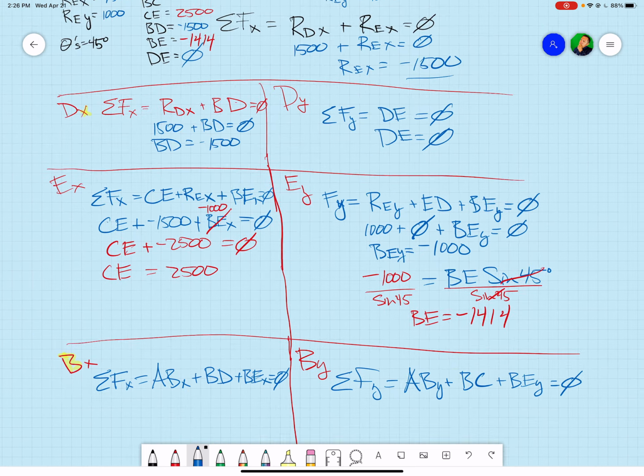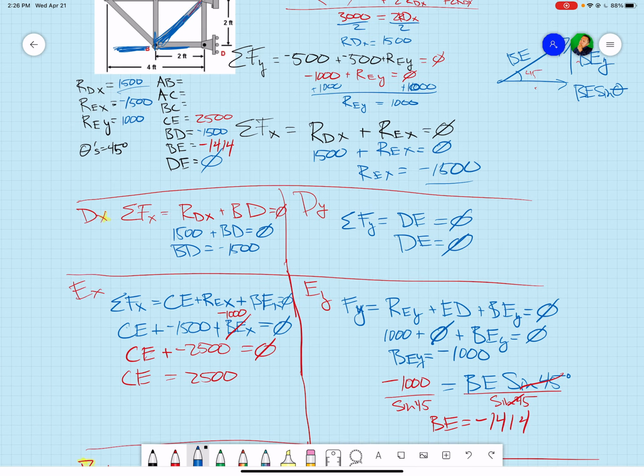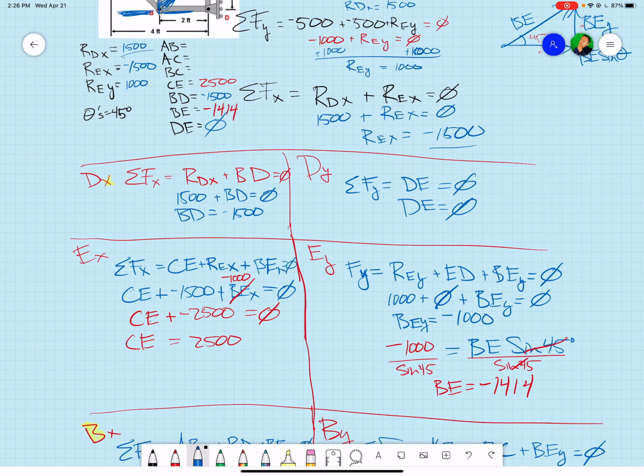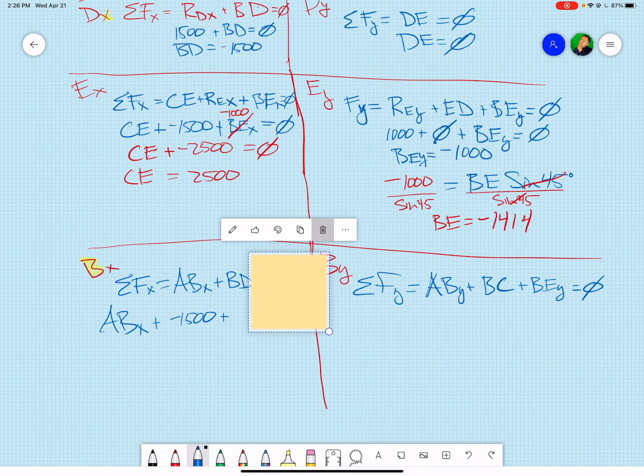So ABX, we do not have that yet. So ABX will stay as ABX. BD, we have that, negative 1,500. Okay. And BE in the X is negative 1,000. Negative 1,000.